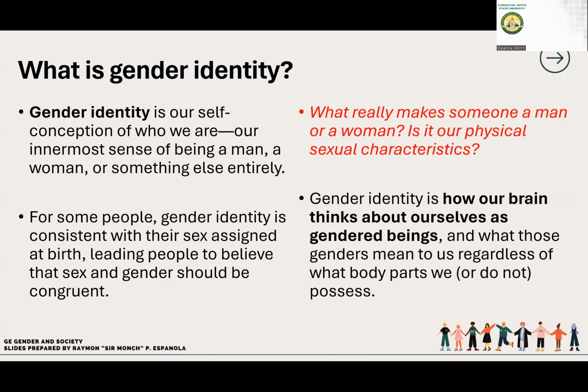Gender identity is our identification of who we are, how we categorize ourselves. That's how you put it simply. Do you feel, do you think that you are a man, a woman, or something else? That is your cognitive understanding of who you are. For some people, gender identity is consistent with the sex assigned at birth, leading people to believe that sex and gender should be congruent.